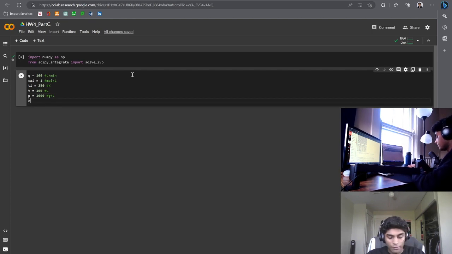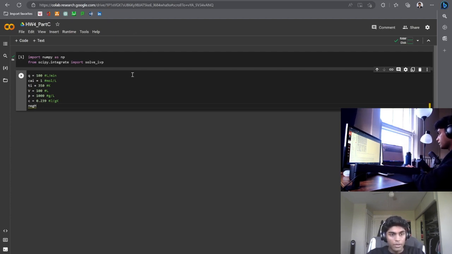Our specific heat is going to equal 0.239 joules per gram K. Our negative HR is going to equal 5E4 joules per mole.